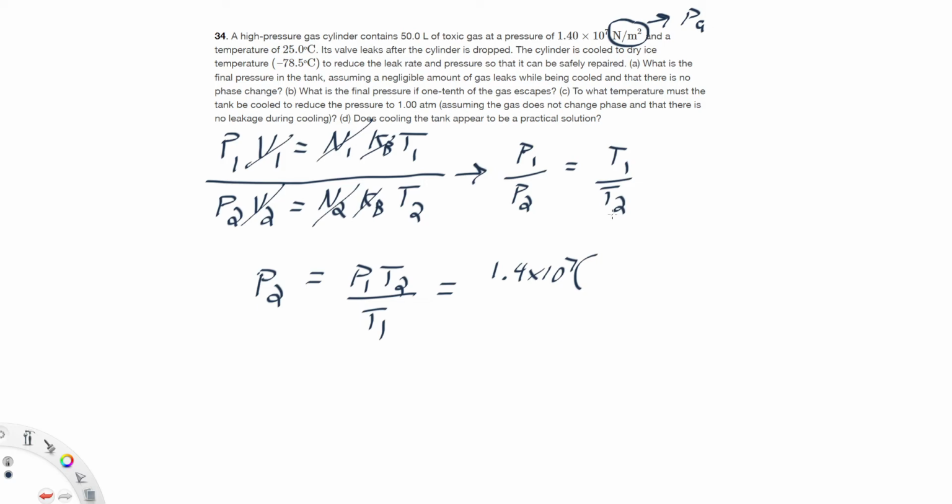So 273 is 0 Celsius, right? So 273 minus 78 gets us something like 195. And it was originally at 25 Celsius, which is a temperature of 298. Nobody's got time for the 0.15 on the end.